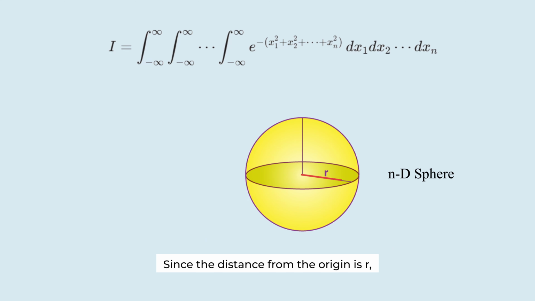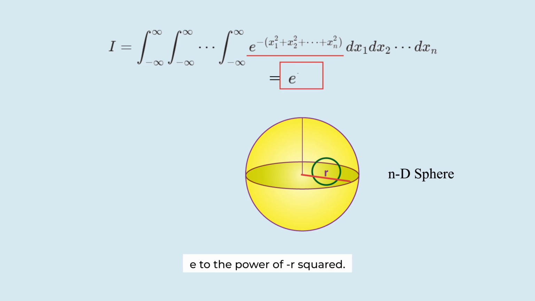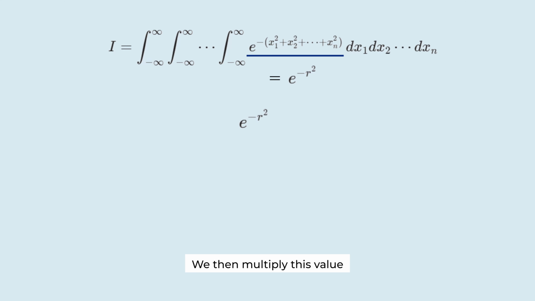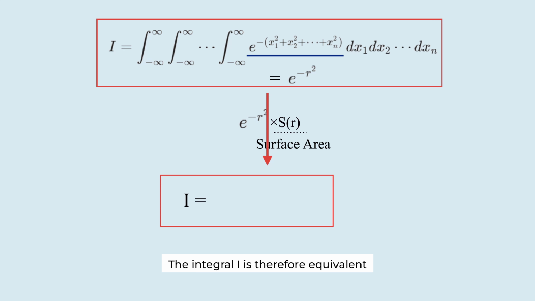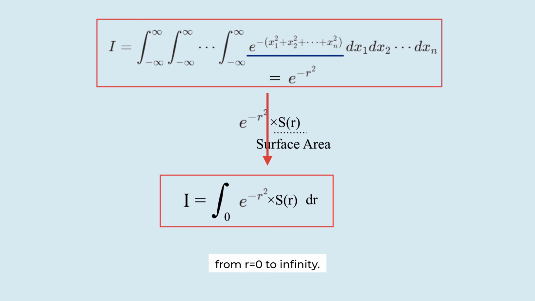Since the distance from the origin is r, the function becomes e to the power of minus r squared. We then multiply this value by the surface area of the sphere at radius r. The integral I is therefore equivalent to integrating these contributions from r equals 0 to infinity.